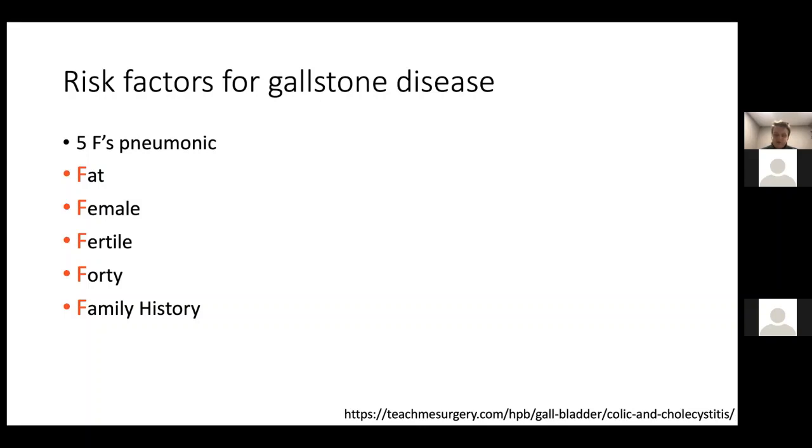People who are fertile, 40, or if they have a family history of gallstone disease. So when you're taking history from a patient or you're clerking them in, just have this in the back of your mind, you know, if they present with abdominal pain, could this be gallstone pathology? So it's a good, quick way of remembering it for exams and OSCEs and things like that.